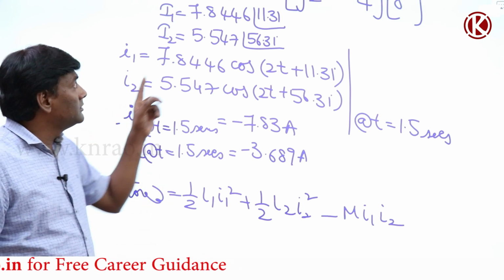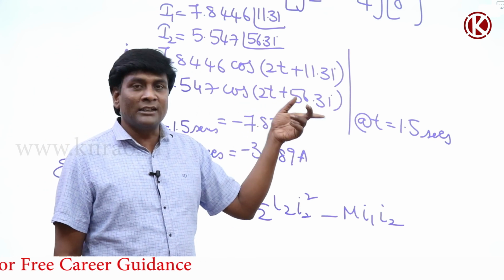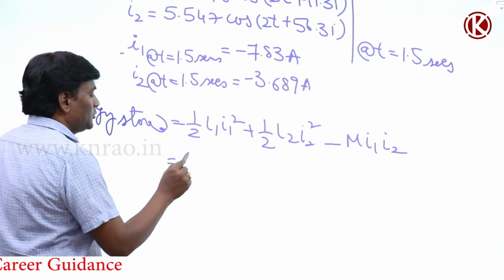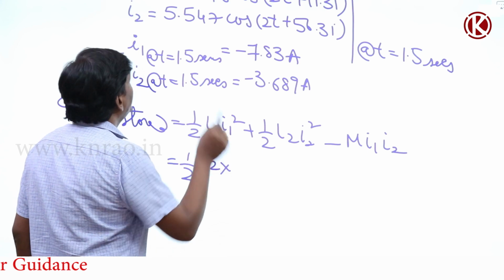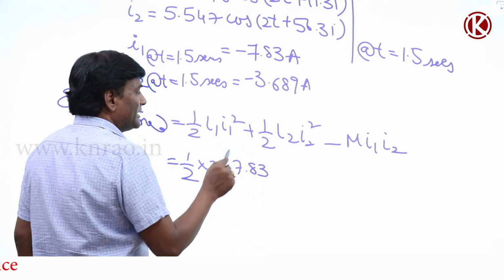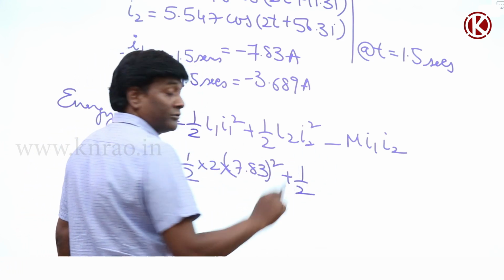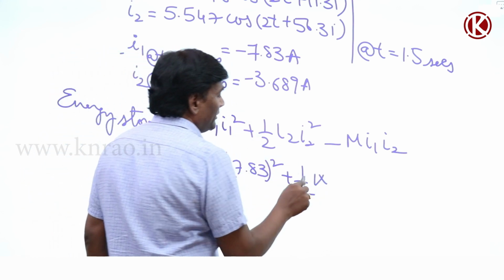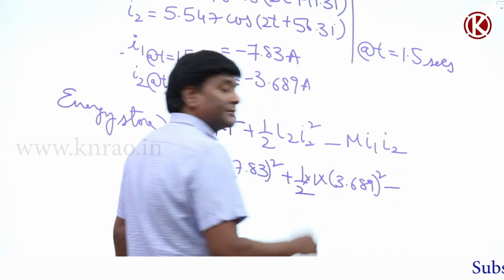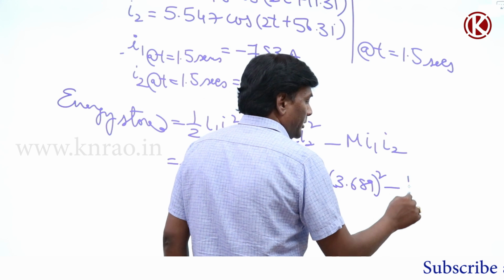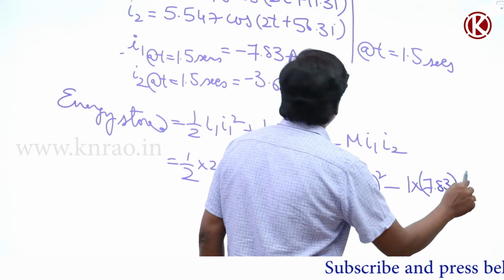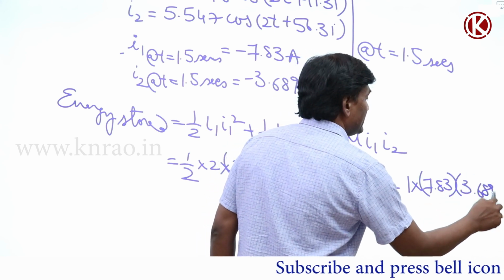Okay, now all the values you know. L1 is going to be 2 henries and L2 is going to be 1 henry, and mutual inductance is going to be given as 1 henry. So you please apply that. That is going to be half L1, 2, into I1 at that second, minus 7.83, anyway square it will become plus, half L2 is going to be 1 henry into I2, 3.689 square, minus, how much is M, 1, into I1 I2, 7.83, because minus of minus is going to be plus only, no, 3.689.